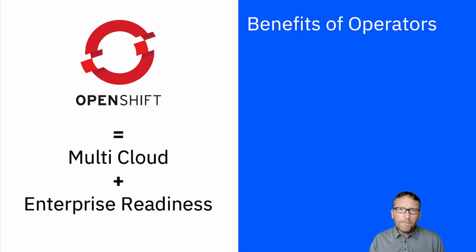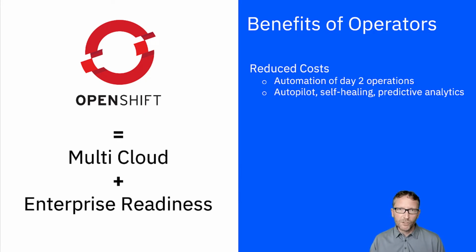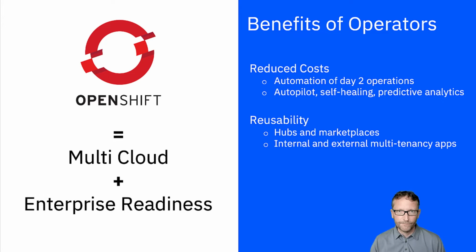There are 3 main benefits that operators provide. First, the automation of day 2 operation tasks is a huge benefit. Operators are a powerful technology to automate expensive and error-prone human operations. Features like autopilot, self-healing, and the automatic management of stateful applications are good examples.